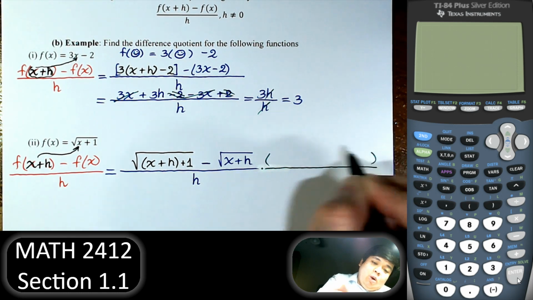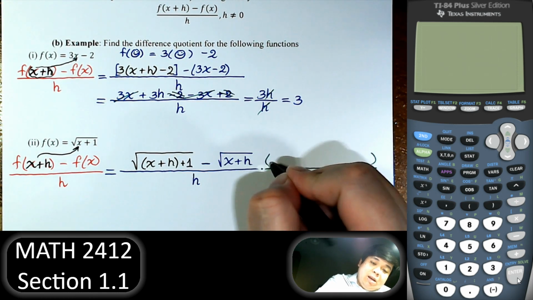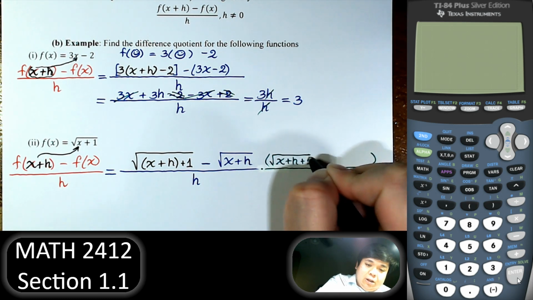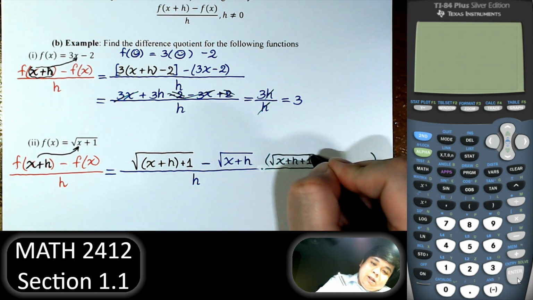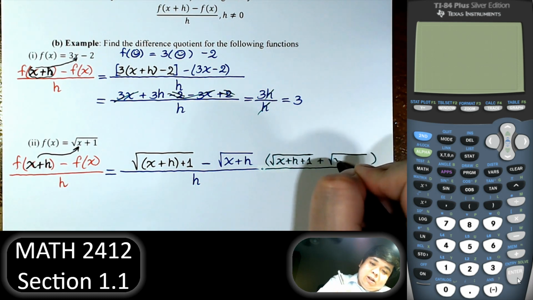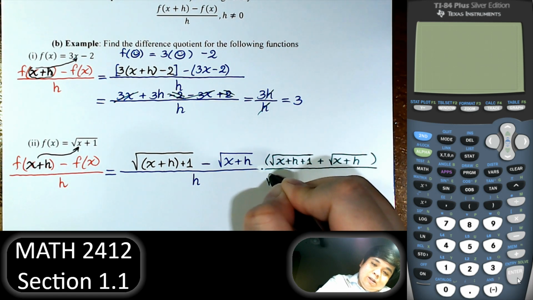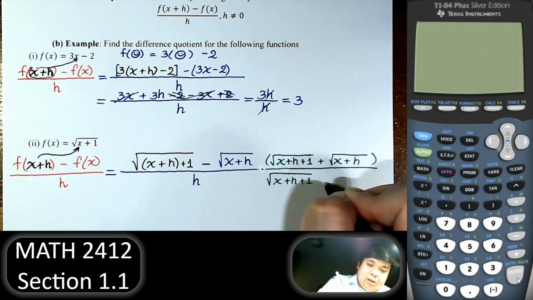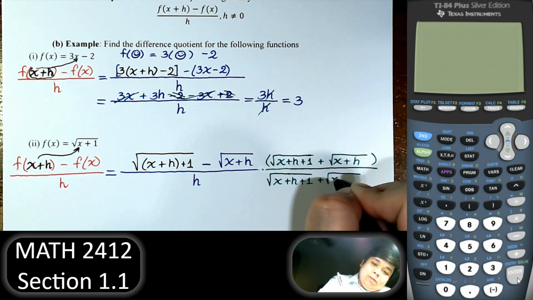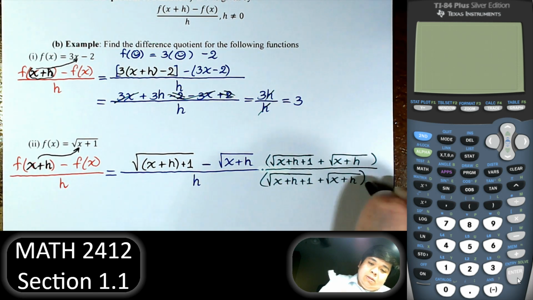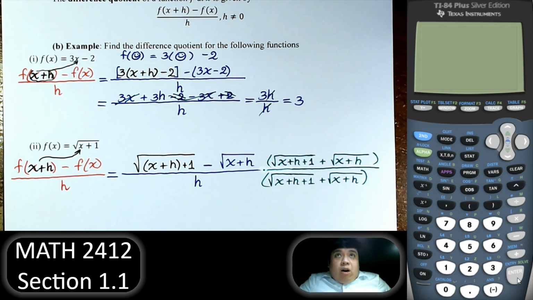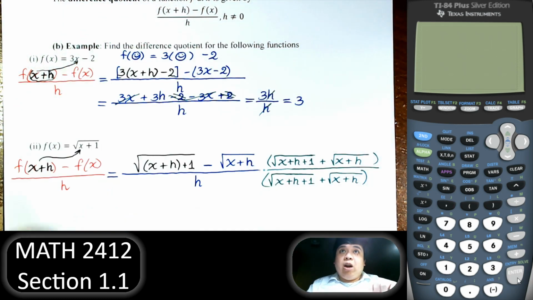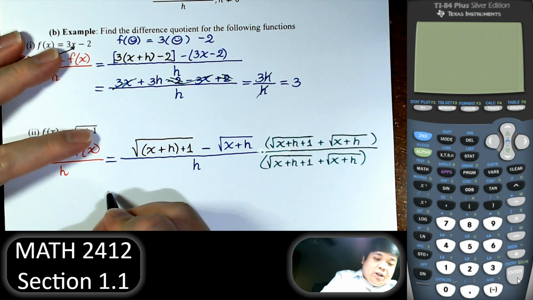If we don't want the square root in the way, we multiply by the same thing: the square root of x plus h plus 1, plus the square root of x plus 1. So multiply the top and bottom by the same thing, which is the conjugate. If it is a minus, multiply by the one with the plus. Those are called the conjugate.